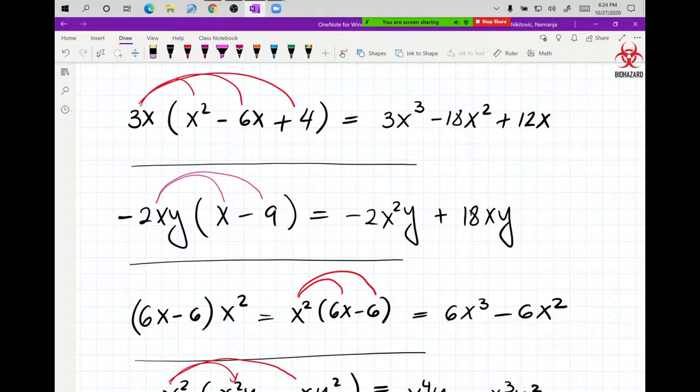Perfect. So every answer that I provided here is always in a descending order of powers, and that's simply counting. You say, okay, I have 3 variables here, x, x, x. I have 2 variables here, x and x, and I have only 1 in here. So this is a good way to represent the answer because the highest number of variables term is first, and then they drop down as you go.